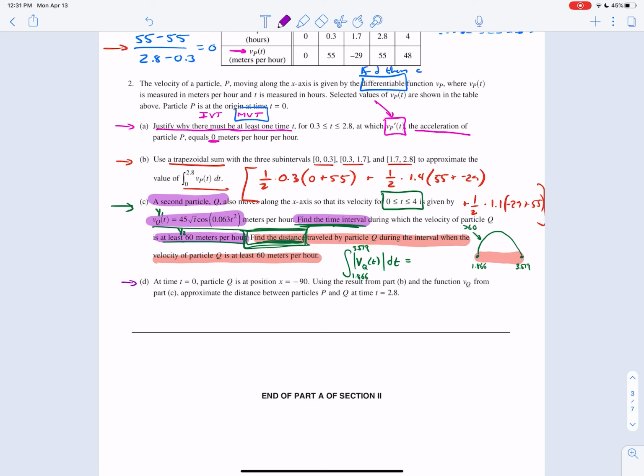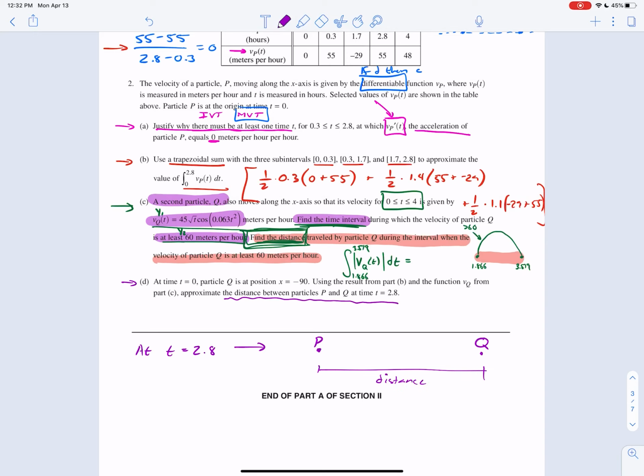Ultimately, we want the distance between particles P and Q at time t equals 2.8. So here's what you have to figure out. At t equals 2.8, particle P is somewhere, and particle Q is somewhere. If we can find out where they are, we can find their distance.